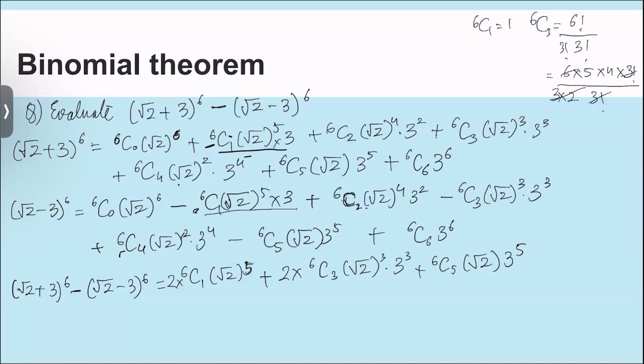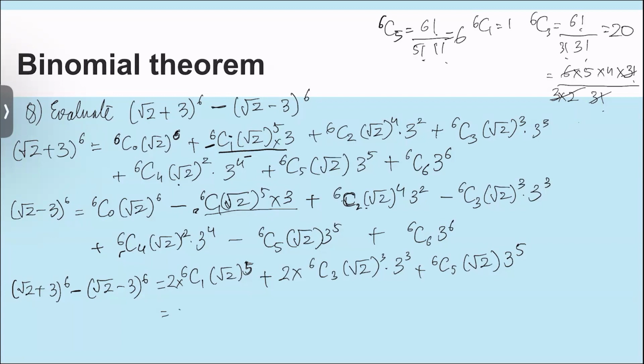So this is 20. And the other one that we need is 6C5. This will be 6 factorial upon 5 factorial and 1 factorial. So 5 factorial will get cancelled if you write 6 into 5 factorial. So what you are remaining with is 6.